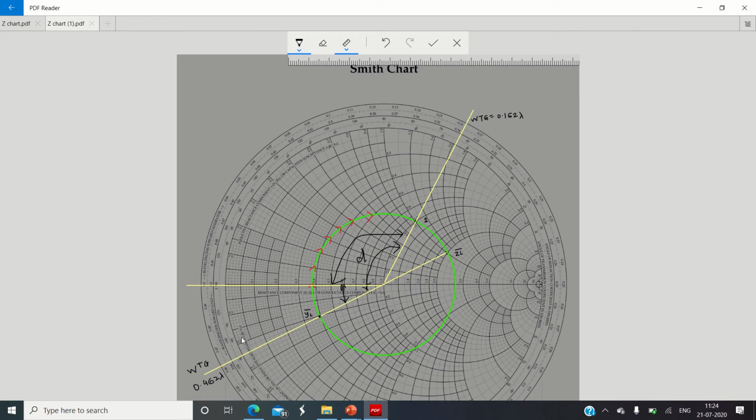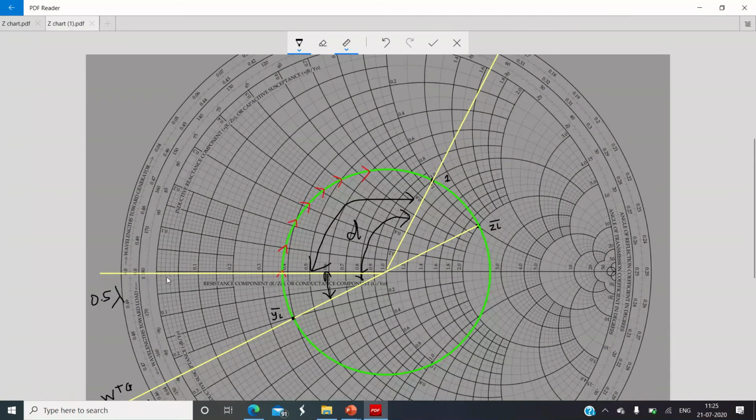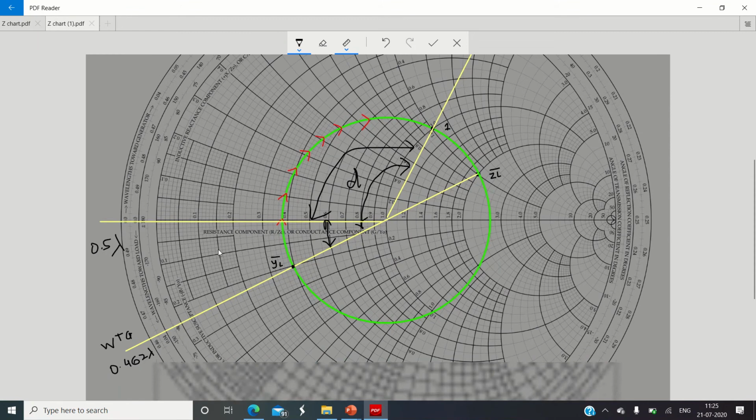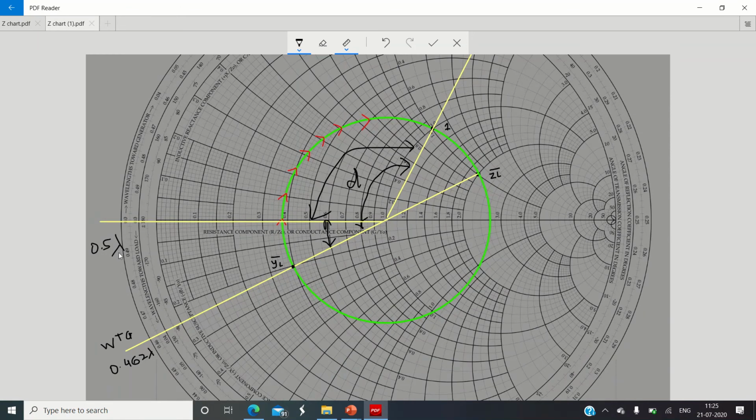What is the reading when you are approaching this straight line? The WTG value over here is 0.5 lambda, right? So how is this distance given? The distance between these two lines is 0.5 minus 0.462, so that here you will get this distance.